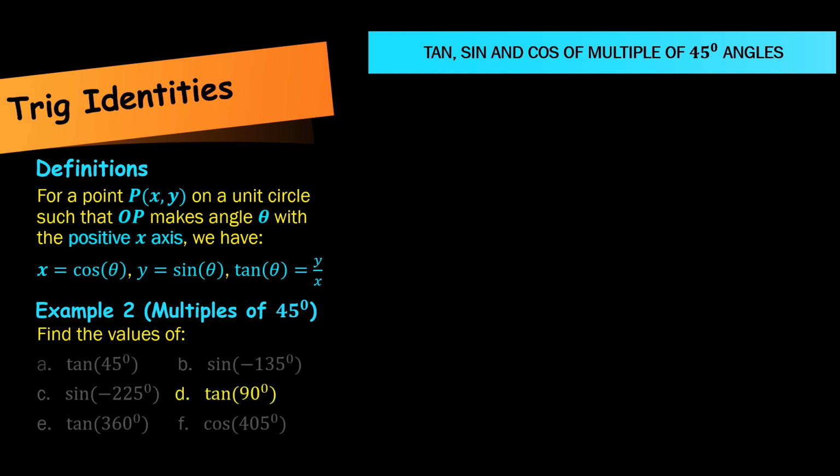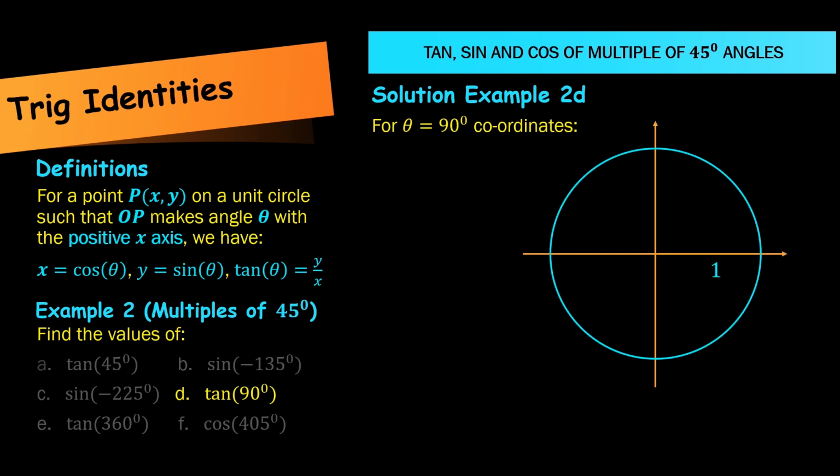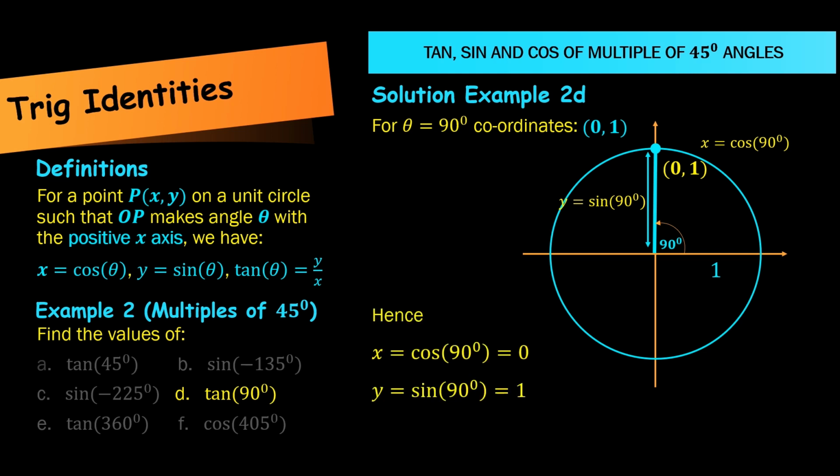Now let's have a go at part D. We are required to find tan 90 degrees. For theta equal to 90 degrees, we have the coordinates 0, 1. Here, x equals cos 90 degrees and y equals sine 90 degrees. Therefore, using the coordinates and the angle, we have x equals cos 90 degrees equals 0 and y equals sine 90 degrees equals 1.